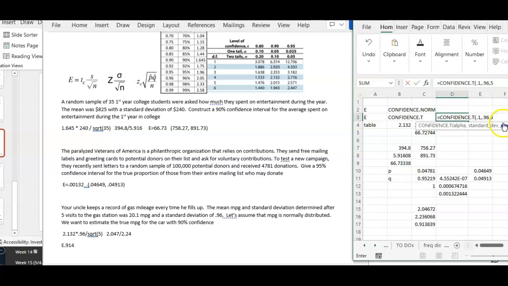If it's just asking for size, it truly is the sample size. And as you can see here, we get 0.915. I did it manually and got 0.914, so probably my rounding messed that up a little bit. So that is our margin of error. Again, we would subtract that from the mean and add that to the mean of 20.1 to create our confidence interval.